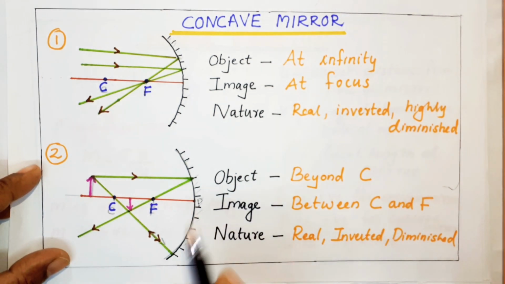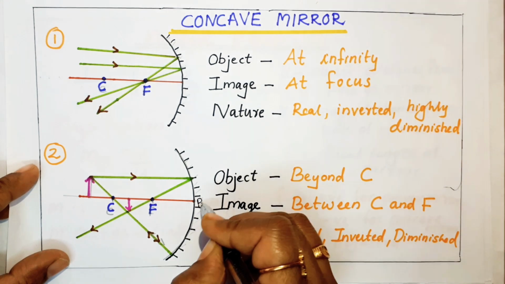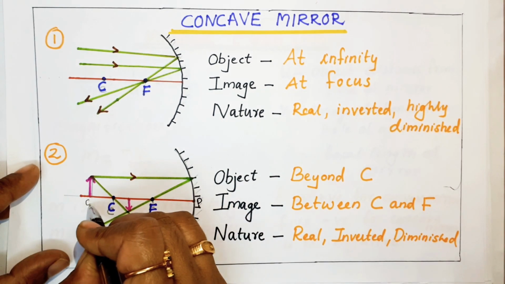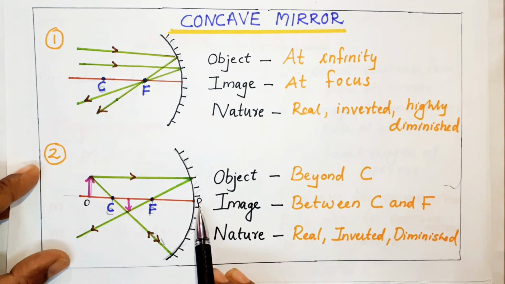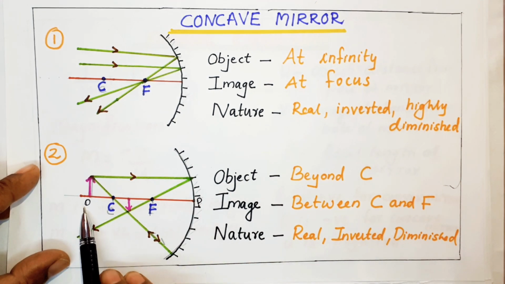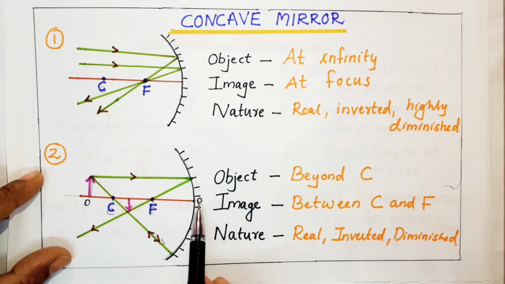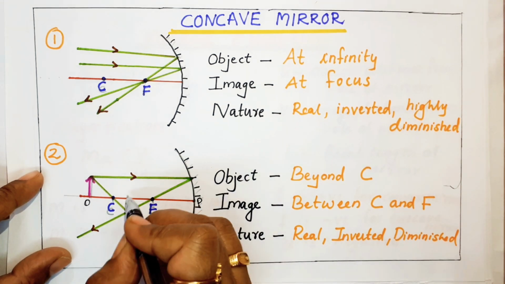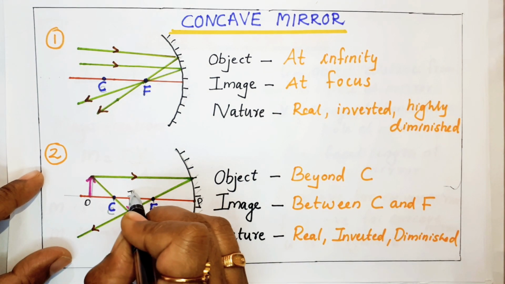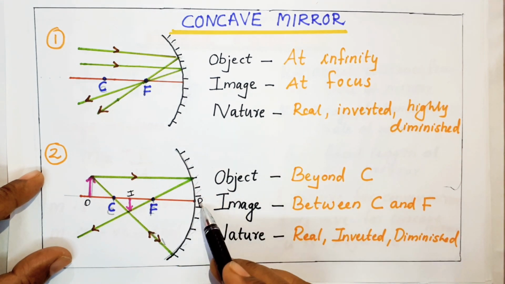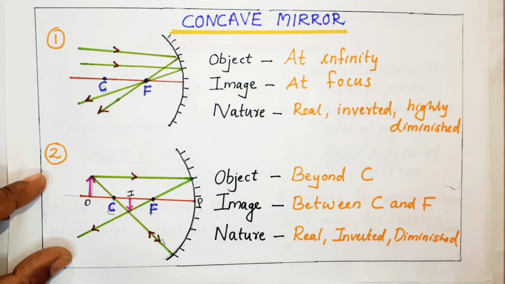So the distance I am measuring from the pole to this object. This distance from the pole to the object is called U, the object distance. The distance from the pole to this point, the image, is called V. The distance from the pole to F is called F.